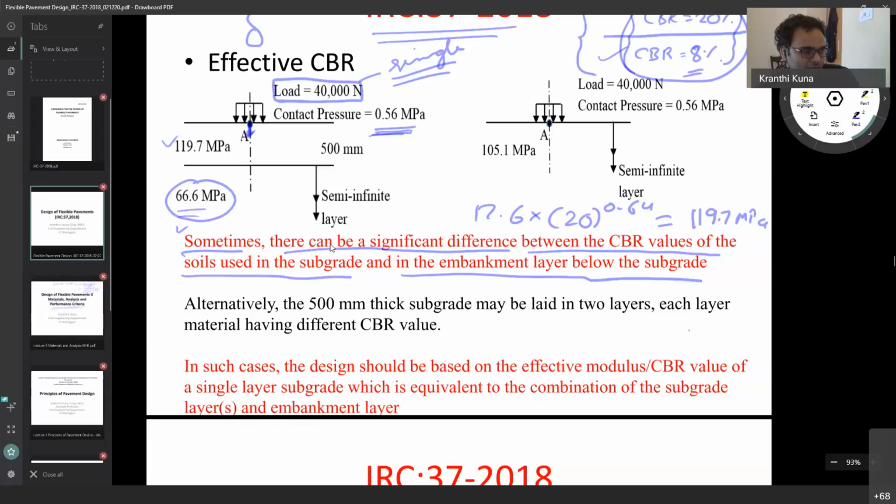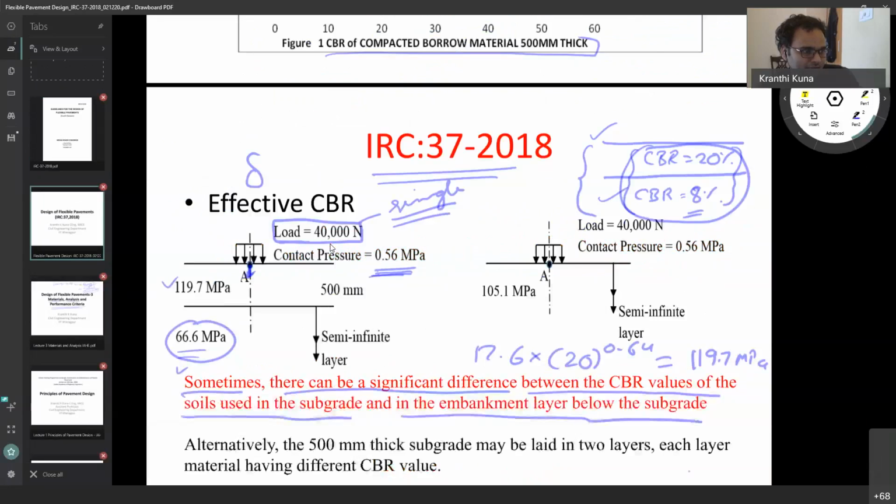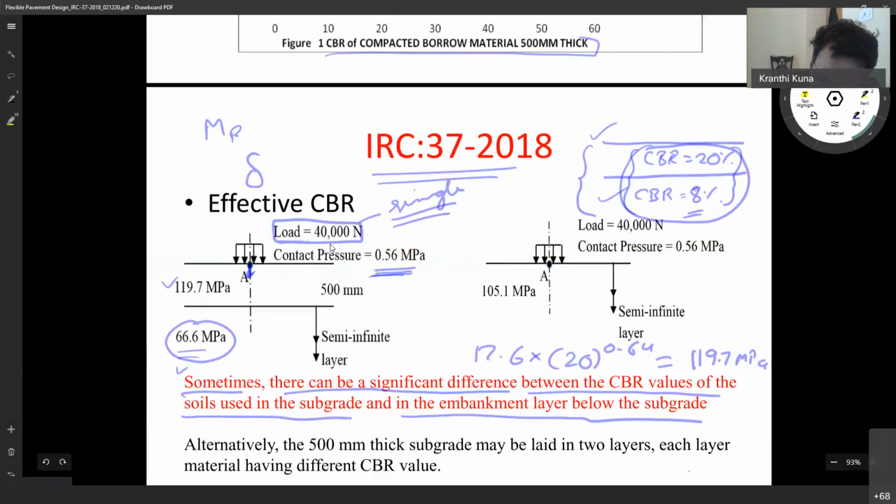So, for example, using this equation, I think I will get an MR of 105.